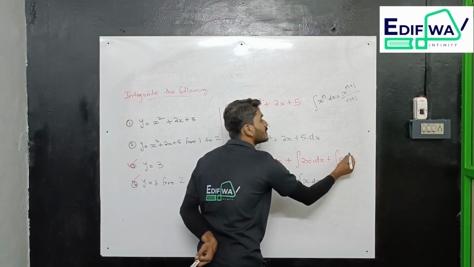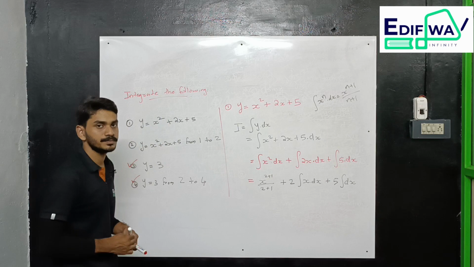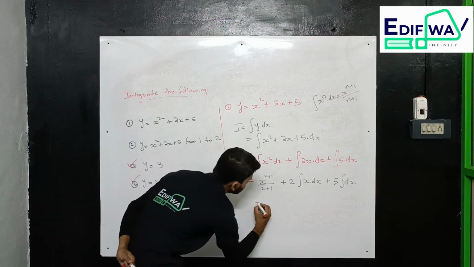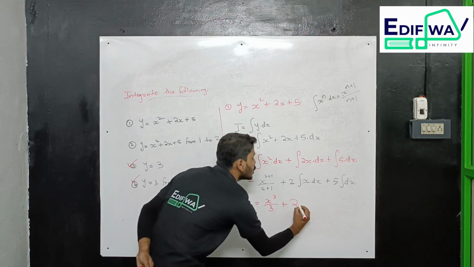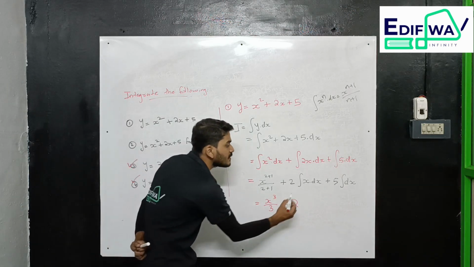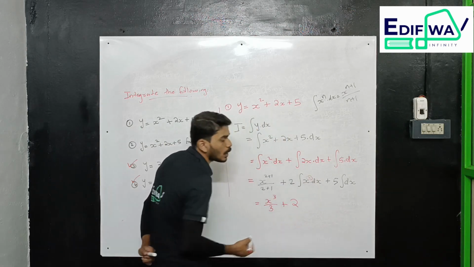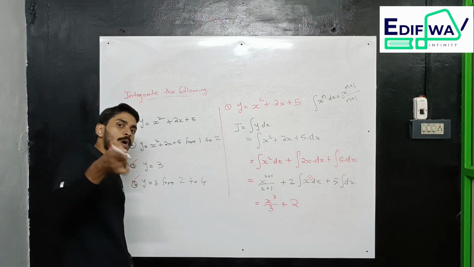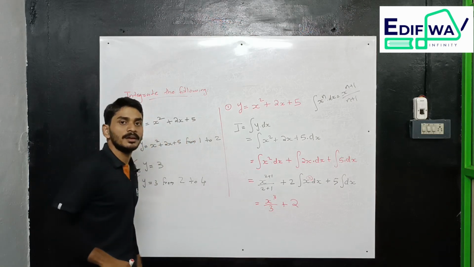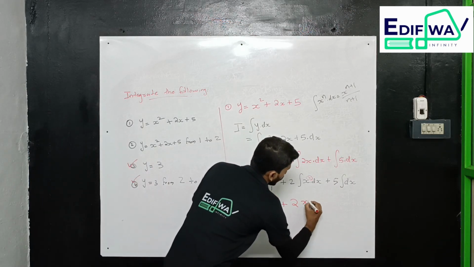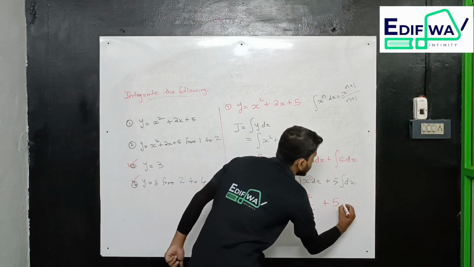Plus here 5 is a constant, take it outside, so integral dx. Now what will be your answer? This will become x cube by 3 plus 2 into, what is the exponent here? The exponent is 1, right? So it is x raised to 1 plus 1 by 1 plus 1, so it is x square by 2, plus 5. Integral dx is x.